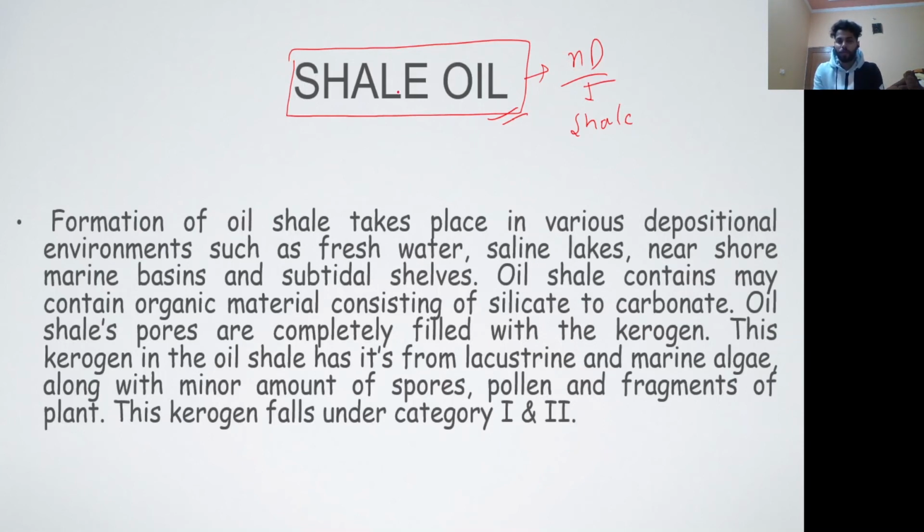So what will I do to extract this oil out of the shale? Well, what we basically do is, we mine it and we heat it up, and after heating it, we further upgrade our oil, and then we send it to the refinery. So that's how shale oil is produced out of shale. Key takeaway is that this type of kerogen falls under category 1 and 2. This we have already discussed, which is basically from lacustrine and marine algae.